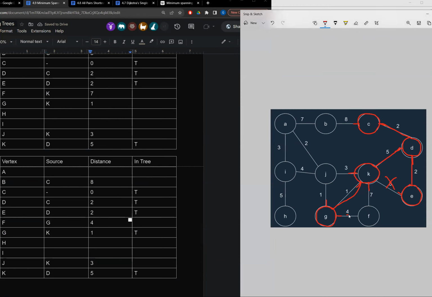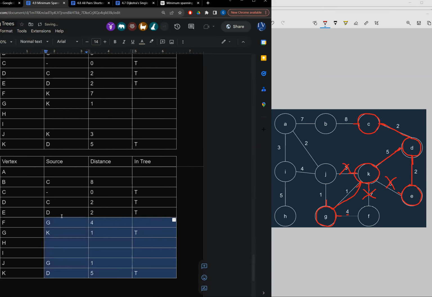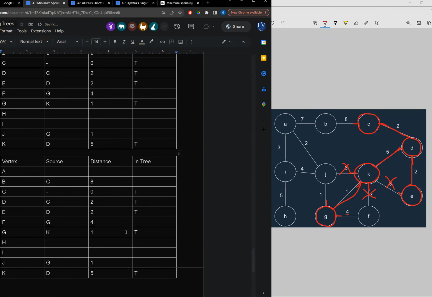This edge is much cheaper than this edge. And then we'll do the same thing over here. We'll replace the 3 by 1, getting there from G. All right, and who are we taking next? We have 3 options.